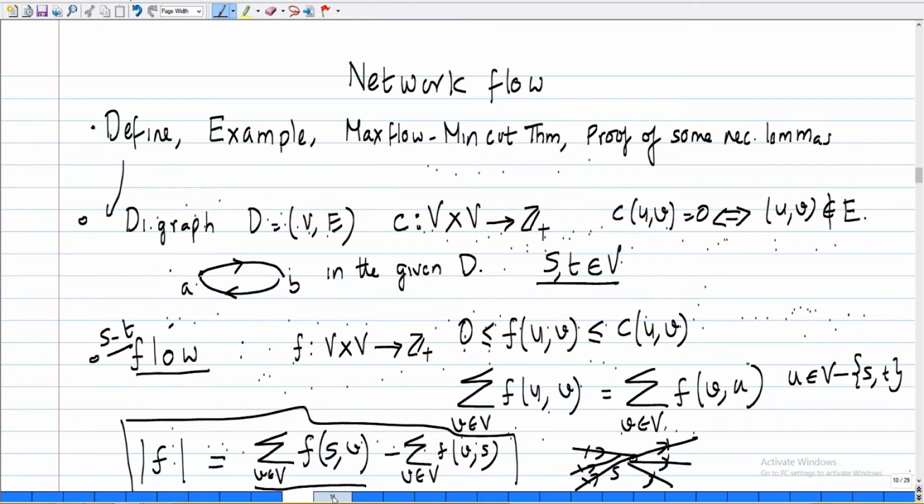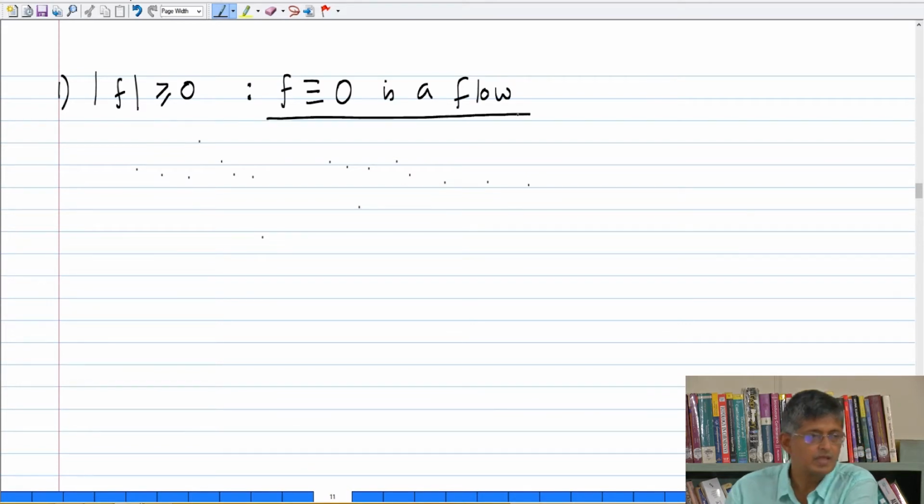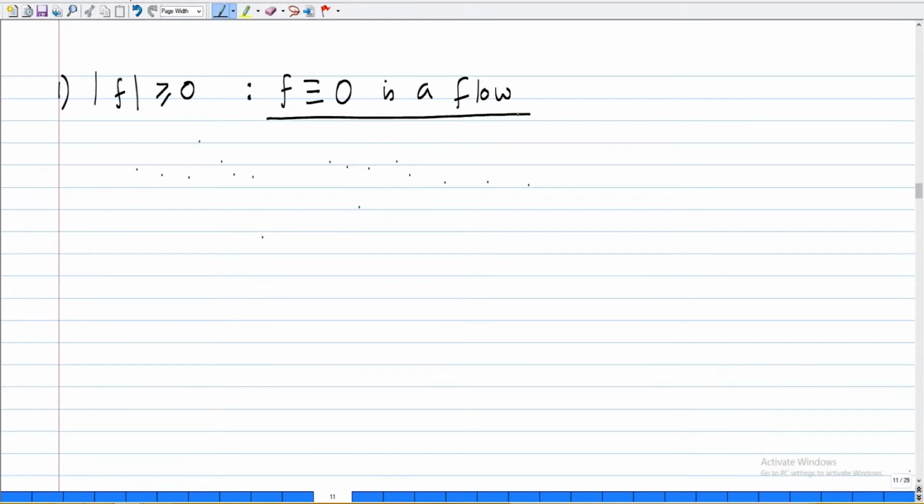So let's observe one small property before we go to the example. Observe that the function which assigns the flow value 0 to every edge is indeed a valid flow as per the definitions.